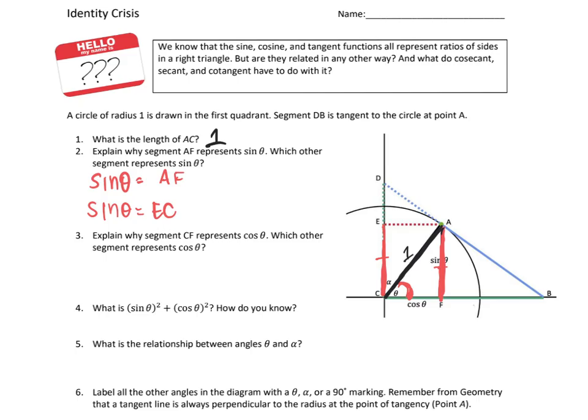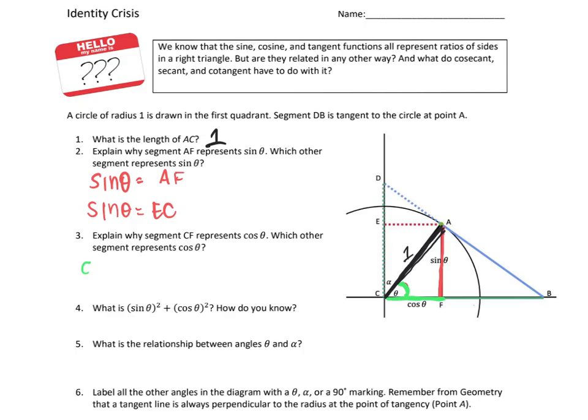Okay, let me erase red. And we're going to be working with green. So segment CF down here, if we're working with this angle theta again, cosine of theta is going to be adjacent divided by hypotenuse.